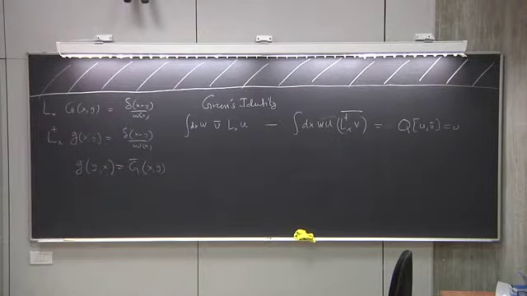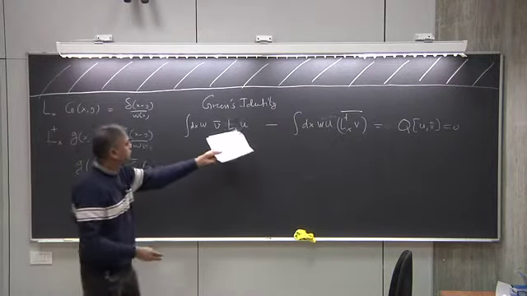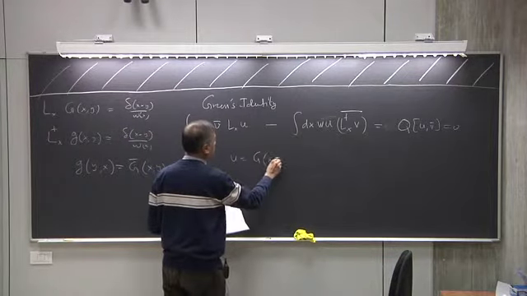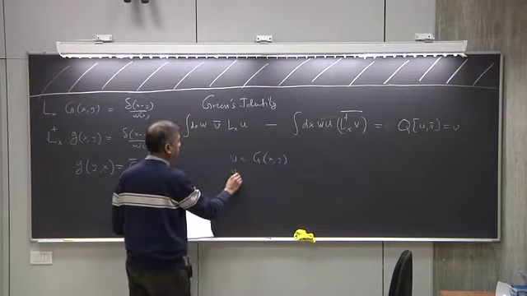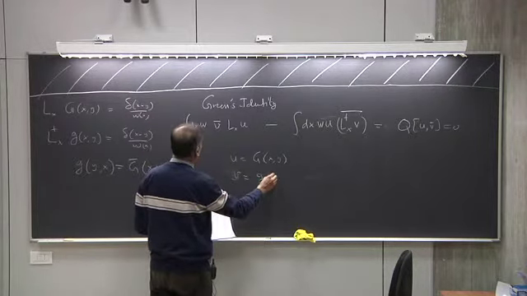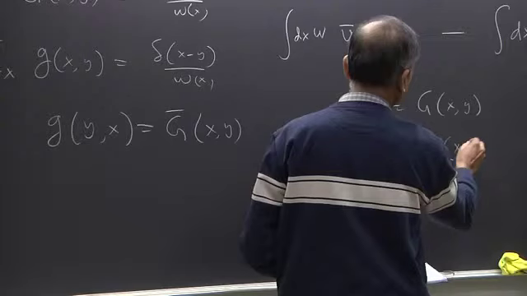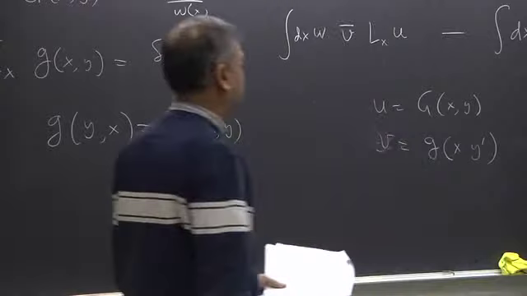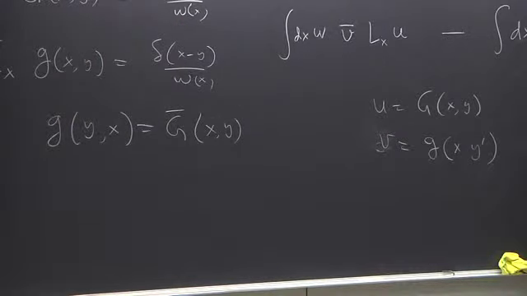This was obtained by choosing u equal to g(x,y) and v equal to little g(x,y prime). Then you deduce this equation essentially, using the definitions.